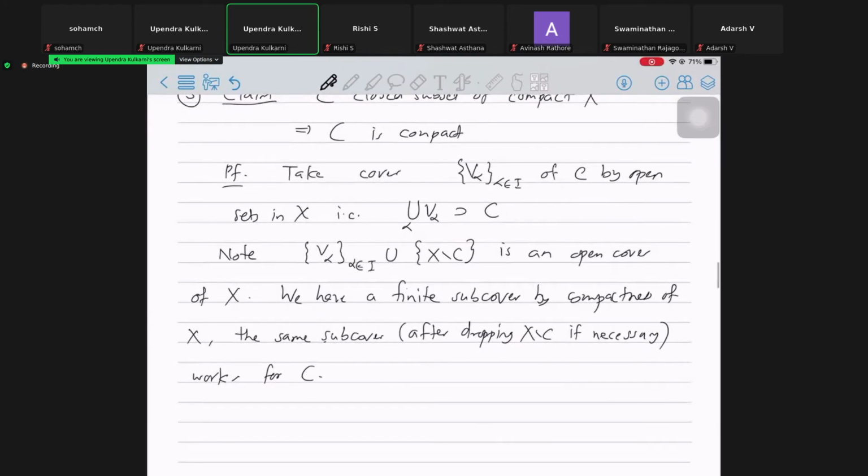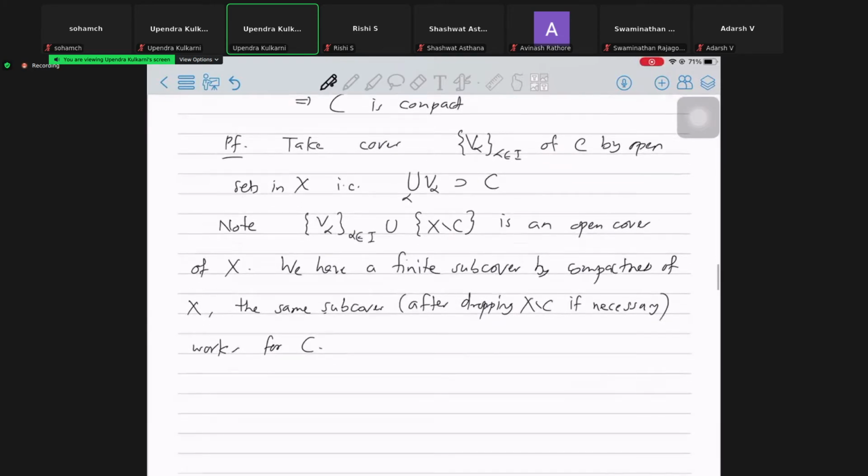Okay, so now for the most interesting part, and we are almost out of time, so I can just get started. What remains is steps 1 and 2. So step 1: the open interval AB is compact.